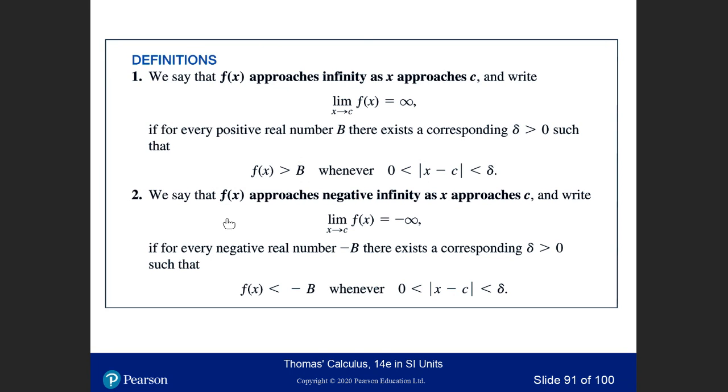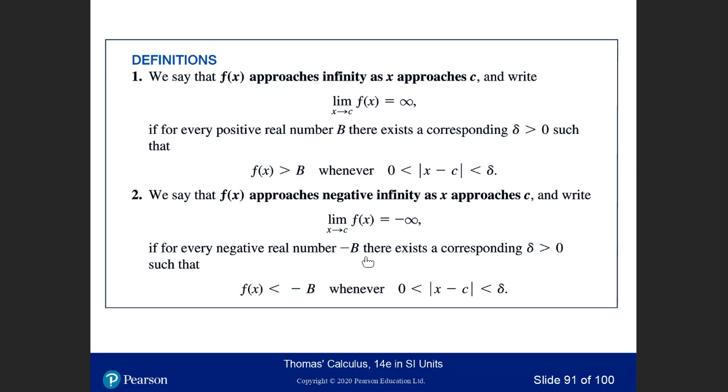Similarly, we say that f of x approaches negative infinity as x approaches c, and write this limit as x approaches c of f of x is minus infinity, if for every negative real number, so b is a big positive number and minus b is a negative number with big absolute value.